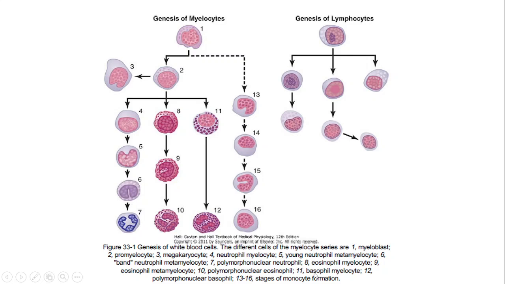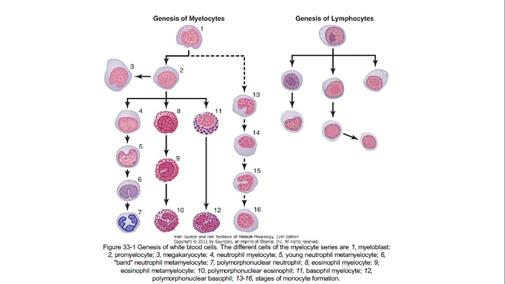So how can we differentiate among them microscopically, by their microscopic structure? As you can see, neutrophil, eosinophil and basophil all differ in the color of their granules, and the arrangement of the nucleus is also different.